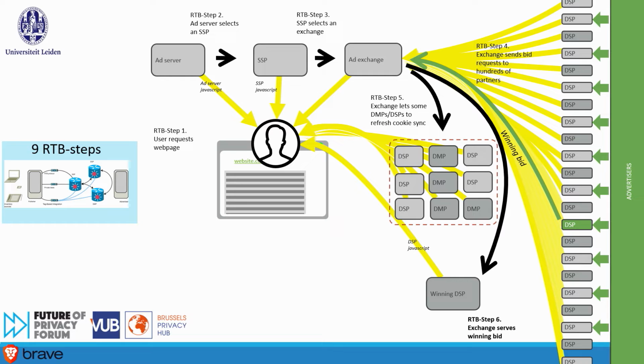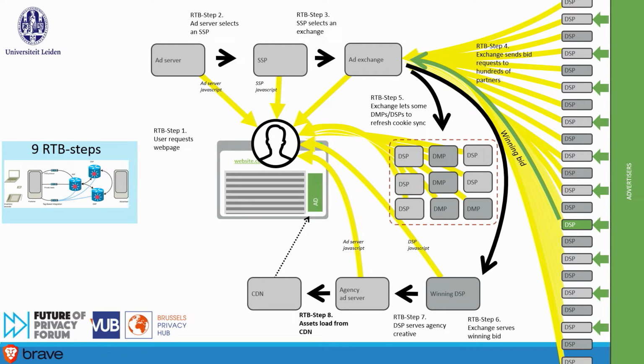Then the process to serve the winning bid is started. The BSP server agency sends the creative, which is the smart ad. And the ad itself is being loaded in the bottom right corner of the web page, in this case. And the verification scripts are loaded as well.